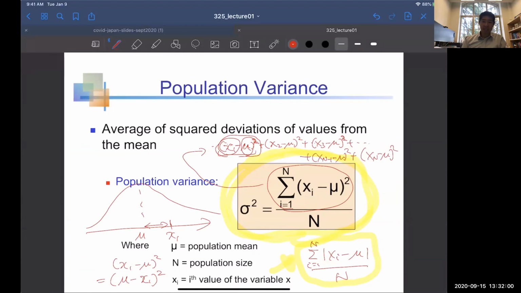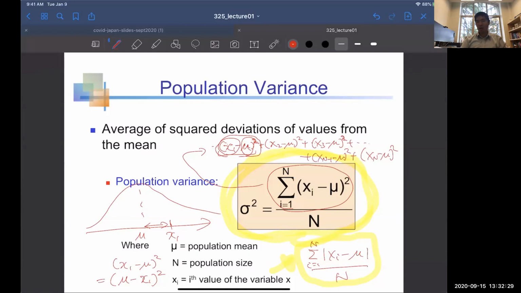That's a big number, but how am I going to make sense of it? It's very difficult to interpret the magnitude of the variance. You can always compare two data sets and say one variance is bigger than the other.